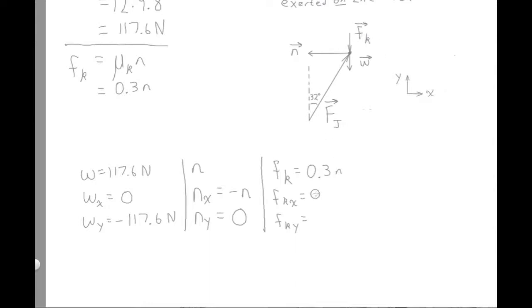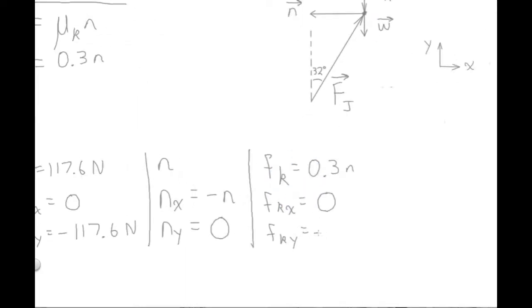So the frictional force has 0 x component. There's no x component for this vertical force. The frictional force points in the negative y direction, so the y component is negative. And since the x component was 0, the entire magnitude goes into the magnitude of the y component.